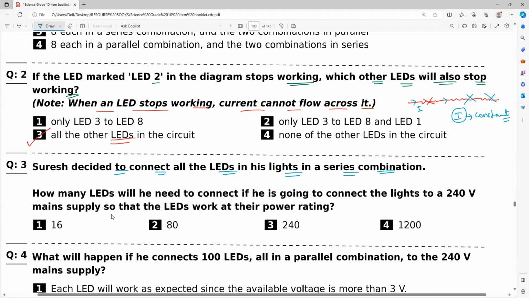Now, how many LEDs will he need to connect if he is going to connect the lights to a 240 volts main supply so that the LEDs work at their power rating? Anybody can tell how to calculate at least?